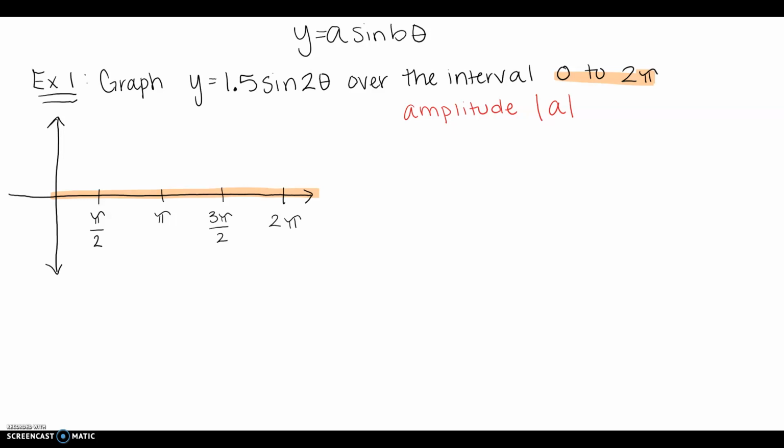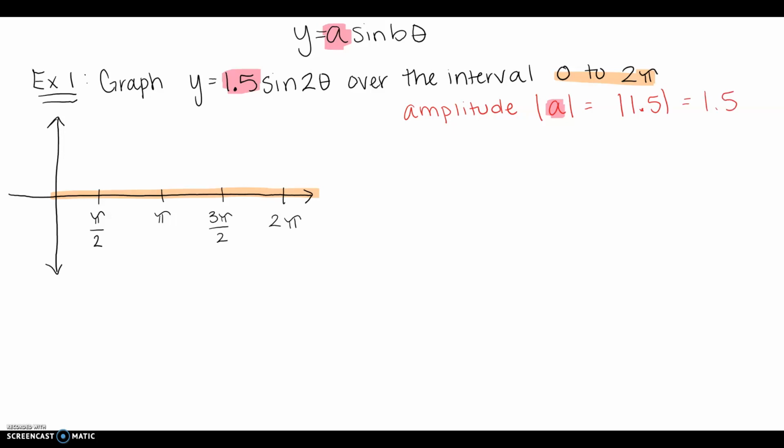So our a value is in front. Our amplitude would equal the absolute value of 1.5, which is 1.5.